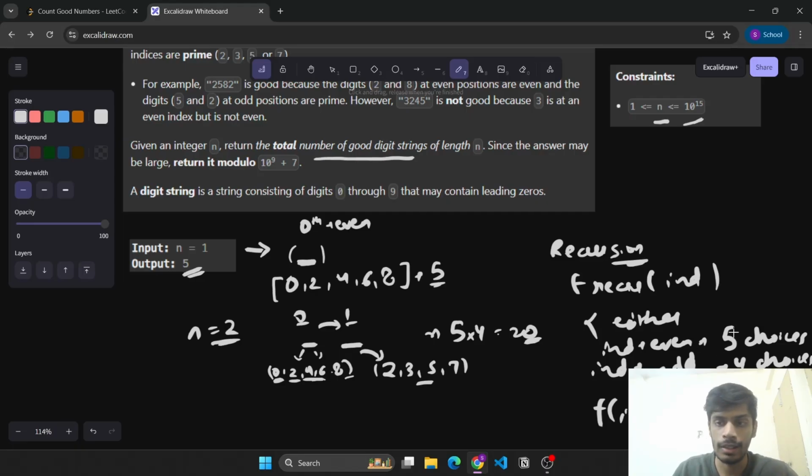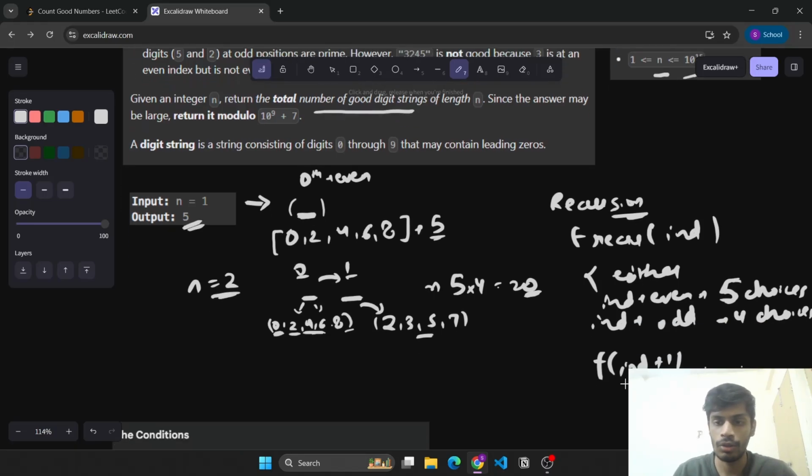Since at each step we have multiple choices, the complexity of this problem would be as follows. Every two steps we have 5 into 4 choices, so 5 into 4, and in total n steps we need to move, so n by 2, since we are accounting for 2 steps at a time.